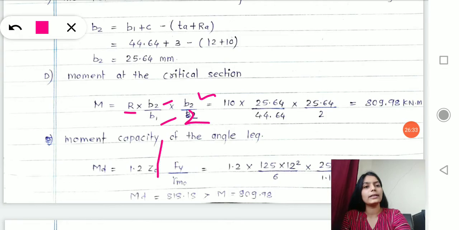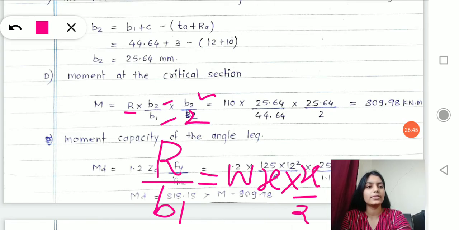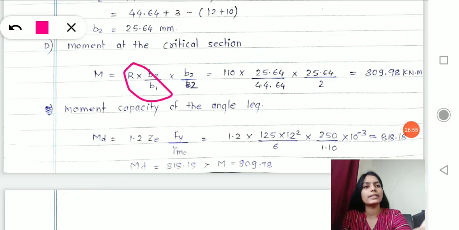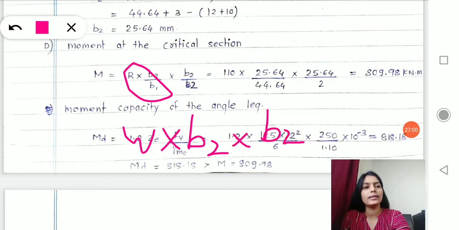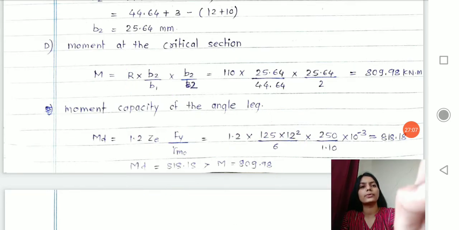Now see here, R divided by B1 is your W, and B2 is X, so B2 by 2 is X by 2. That is how it is simply W into X by 2.